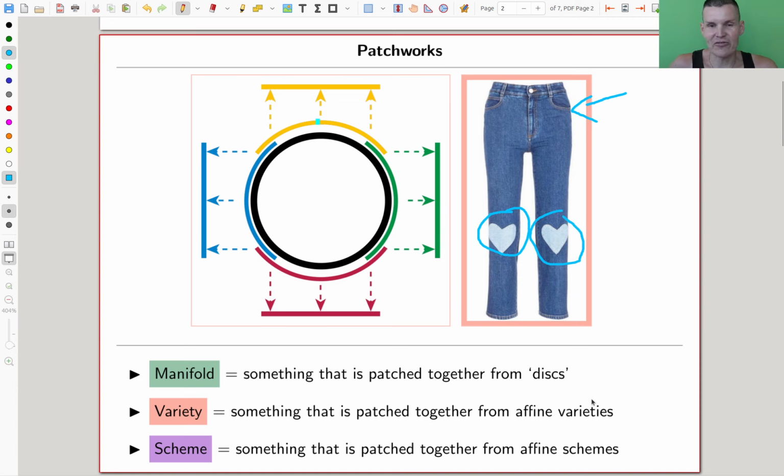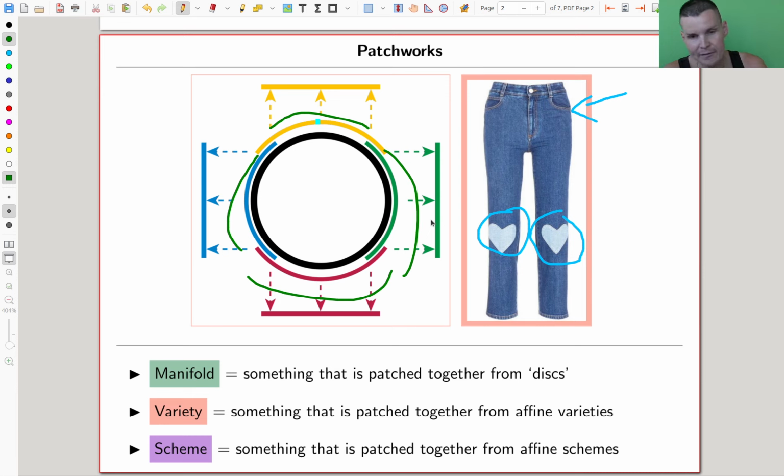So something that is patched together from disks. Maybe this is a more standard picture. A circle is a manifold, and it's patched together from one-dimensional disks, which are really just intervals, right? And in some nice overlapping way, right? Each little patch is a very simple object, an interval or a disk, and the overlapping in this global picture of patching makes it very interesting.